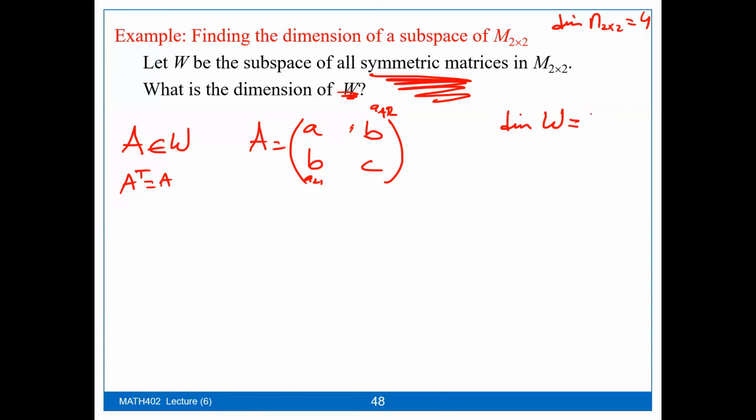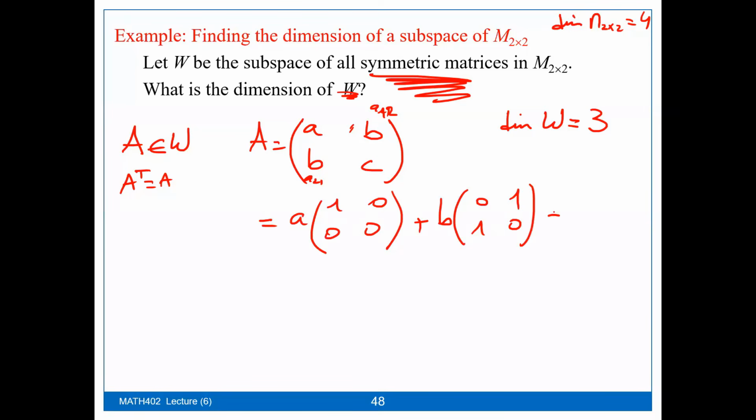So here it's a vector space of dimension 3 only, the set of symmetric matrices. Because you can write it, okay, we can express any symmetric matrix as a linear combination of these three matrices.